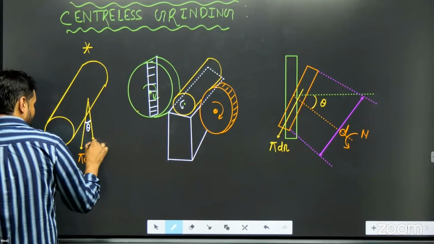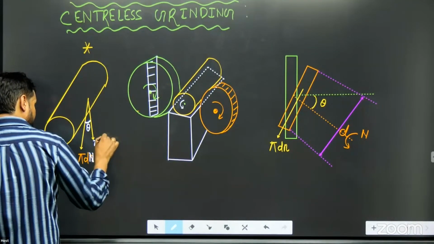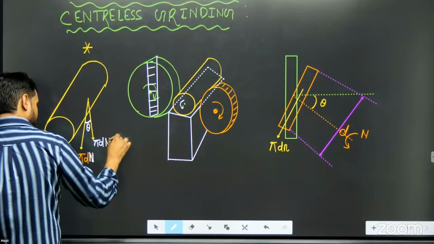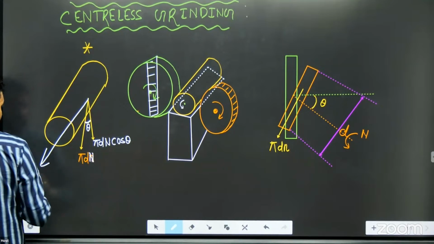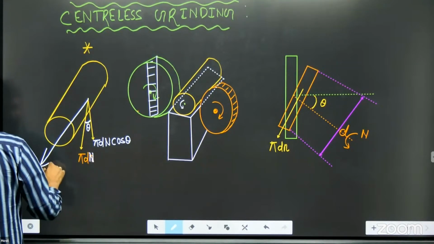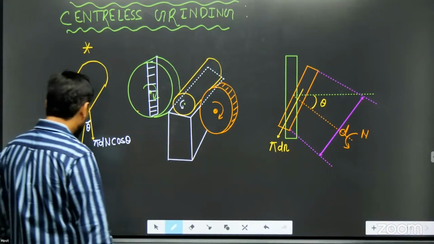So in this direction, there will be the component of this velocity, pi d n cos theta. In this direction, there will be another component, pi d n sin theta.